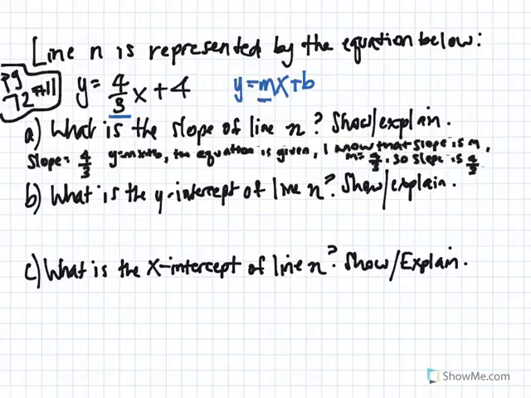Part B, what is the y-intercept of line n? The y-intercept is b in the equation, so in this equation it has to be positive 4. So the y-intercept equals 4. Now I need to explain how I got my answer. In the equation y equals mx plus b, the equation is given.